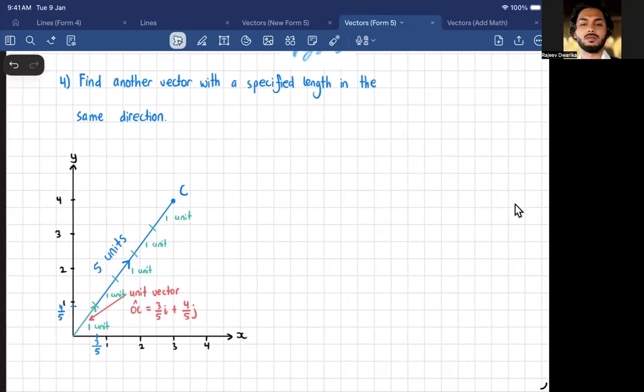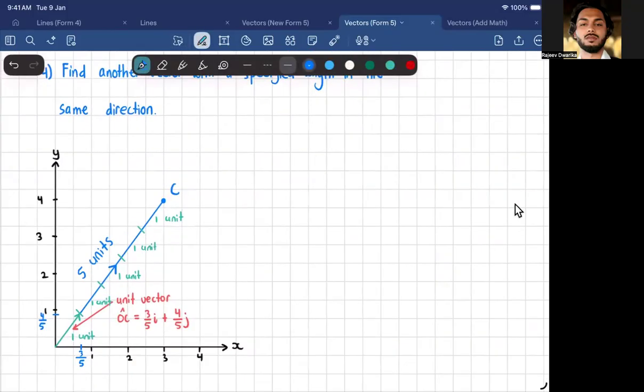Okay, nice. So Sky, up to now, let's recap what we know. We know how to find the unit vector. Yes. And the unit vector for O to C was what? What was the unit vector?